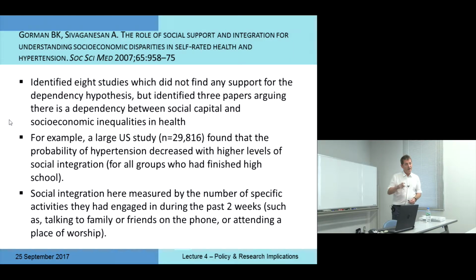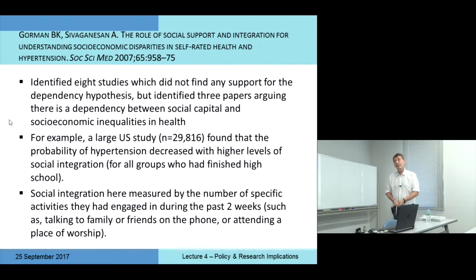So they are finding a relationship between social capital and the health measure, so long as people belonged to the more advantaged group. They belonged to those who'd finished high school.